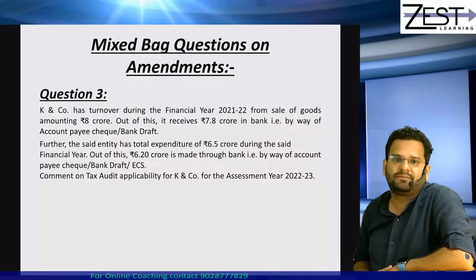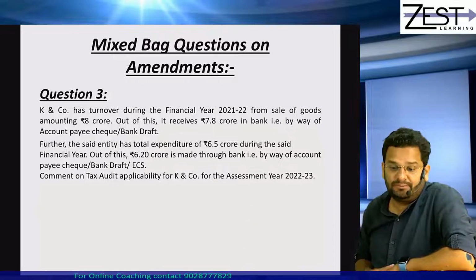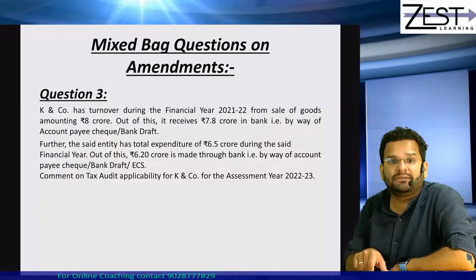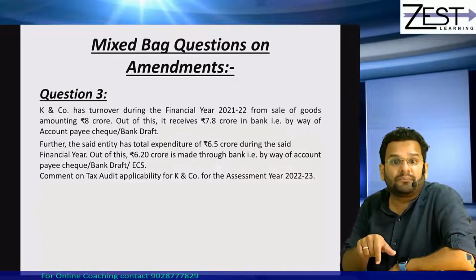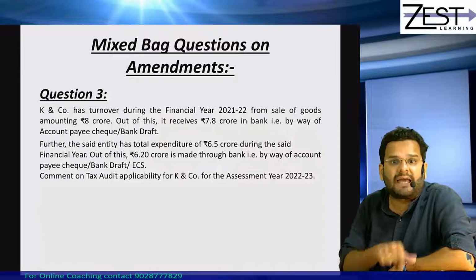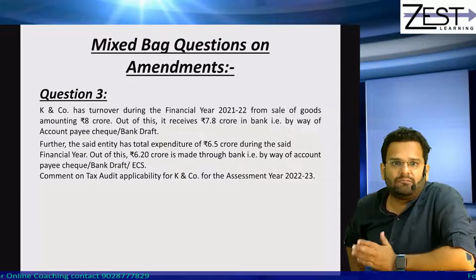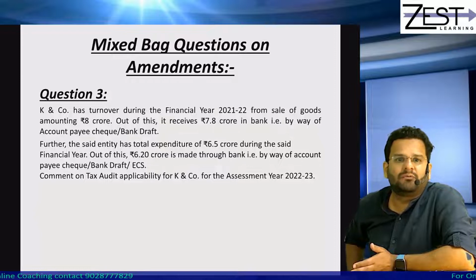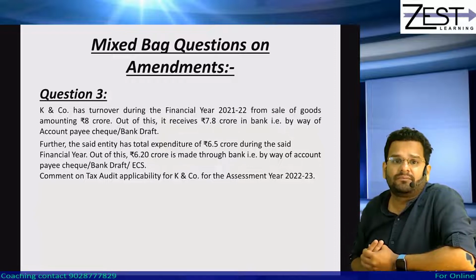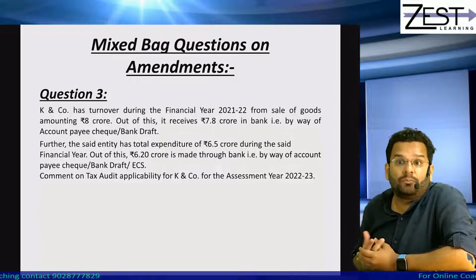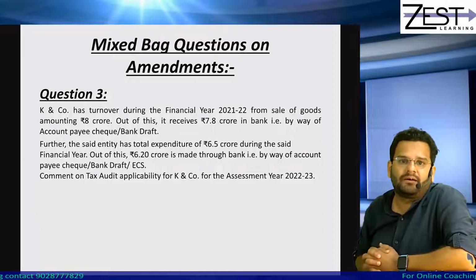So the point is, how much is your receipts in cash? If 7.8 crore is by way of bank, it can be ECS, a cheque, account payee cheque, or a bank draft.